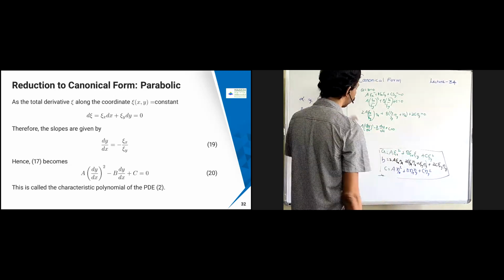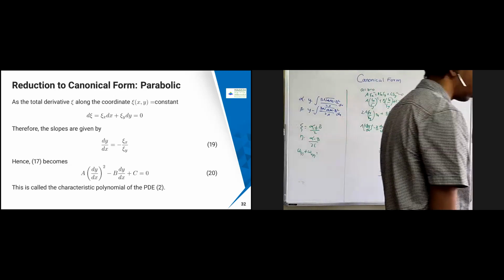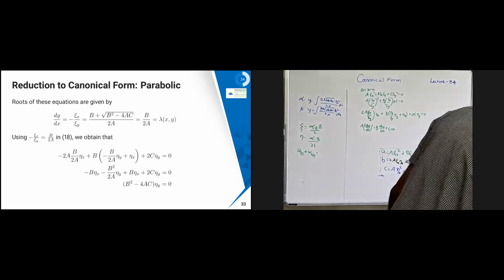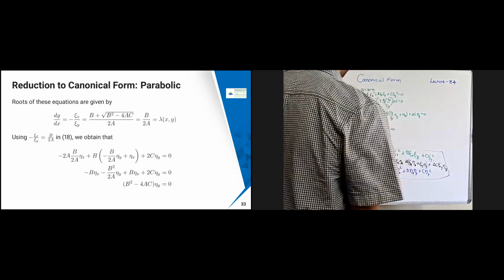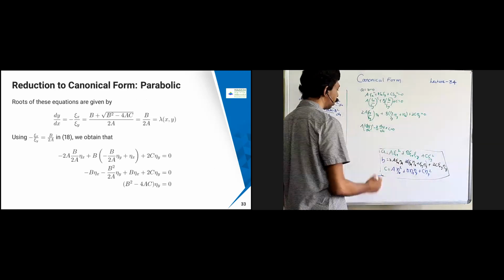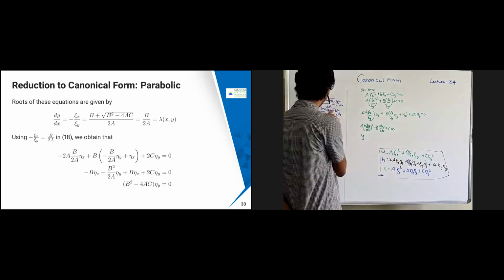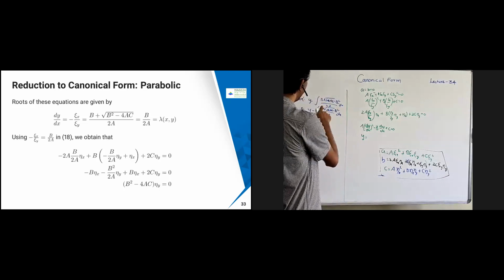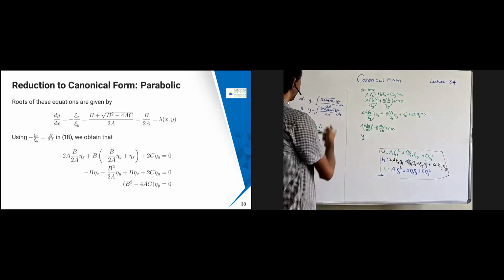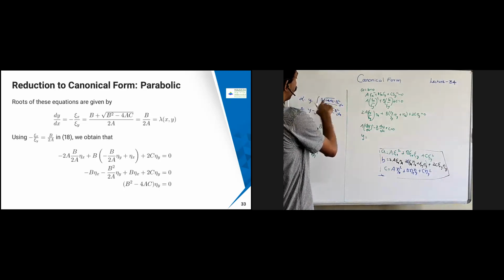Once again you use the same kind of logic, the characteristic polynomial etc. It is little bit different, but very simple, because whatever you had in the previous case, same kind of things. In parabolic and elliptic cases, the only difference was this plus and minus. Otherwise almost the same kind of things are there.